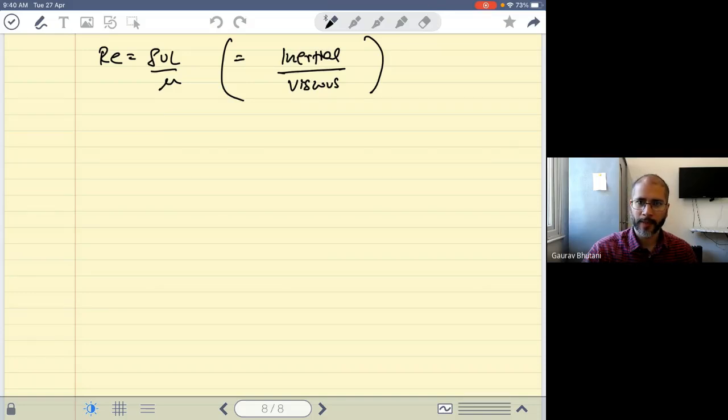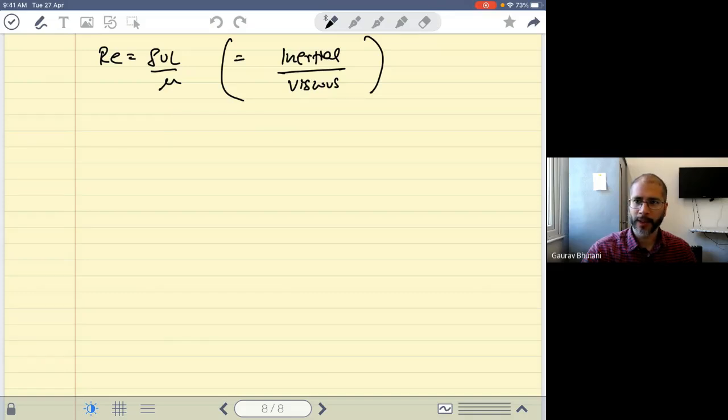So you can increase the Reynolds number by reducing the viscous terms. If you have the same kind of flow happening across the aerofoil, but you change the fluid in such a way that the viscosity reduces, then your Reynolds number will increase.